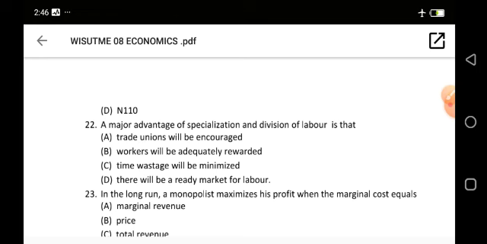Yes, time wastage will be minimal, because division of labor means dividing the production process into different stages and allowing each labor or group of labor to occupy each of these stages. It makes production fast and it reduces time wastage. So that is a direct answer to that question. Number 22 answer is C.